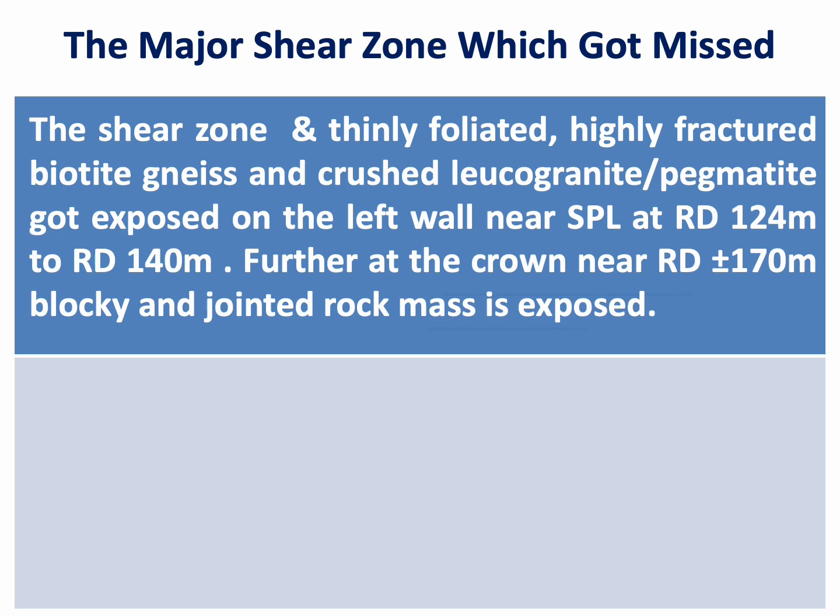The same shear zone which was met earlier in the two construction adit and main access tunnels got met in the Downstream Surge Gallery at RD 124 meter to RD 140 meter, and further at the crown near RD 170 meter there were blocky and jointed rock mass exposed.